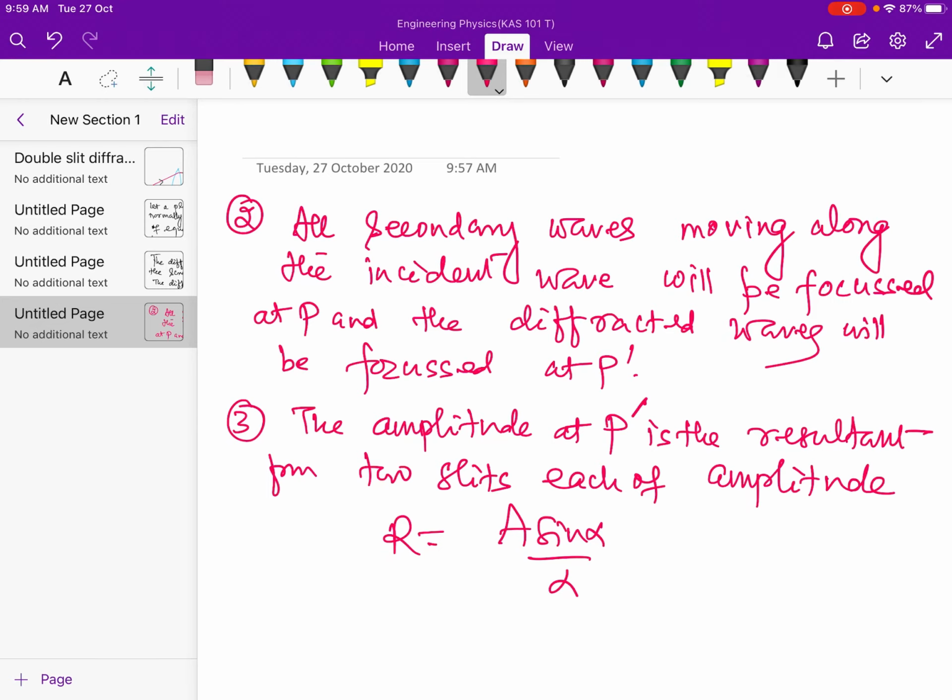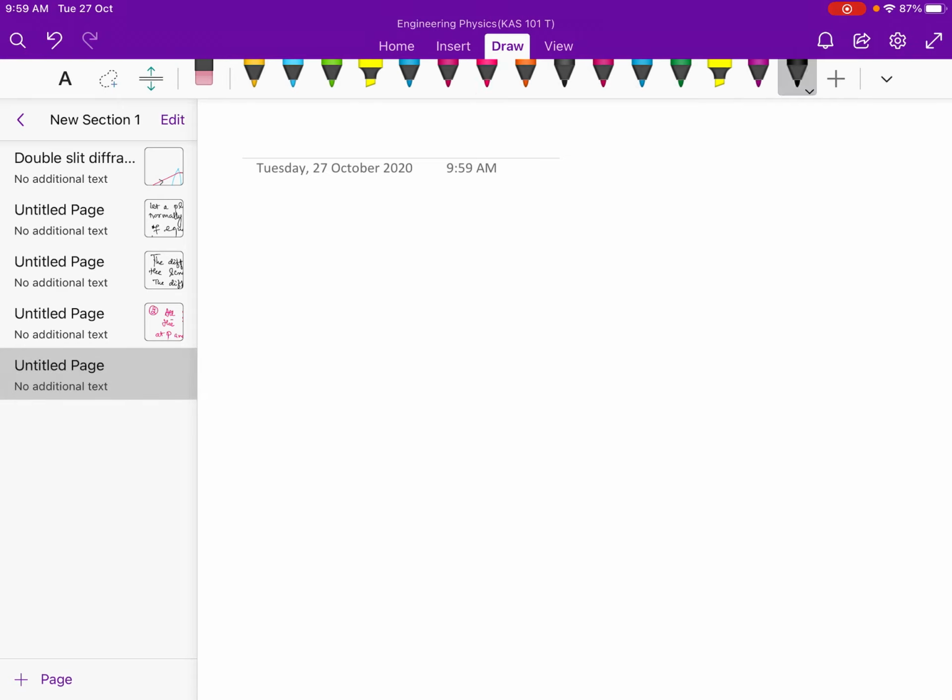So let us derive the conditions. S1M is the perpendicular on S2M.